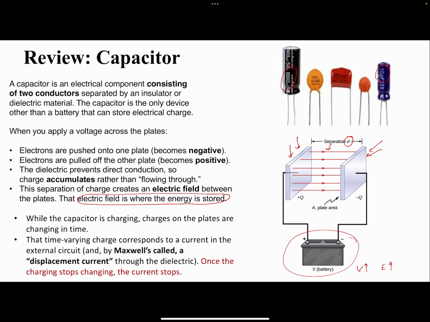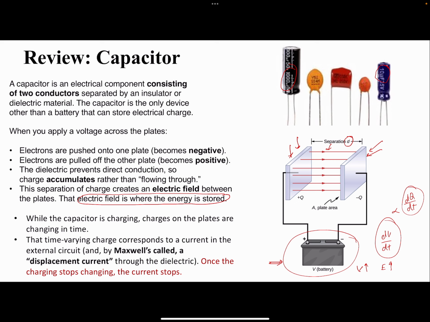And what exactly is that? As long as your battery or your voltage is changing, as long as you have a positive dV by dt, the time rate of change of the voltage will produce a time rate of change of charges on the plates. As long as this is true, the displacement current, according to Maxwell, remains true, right?